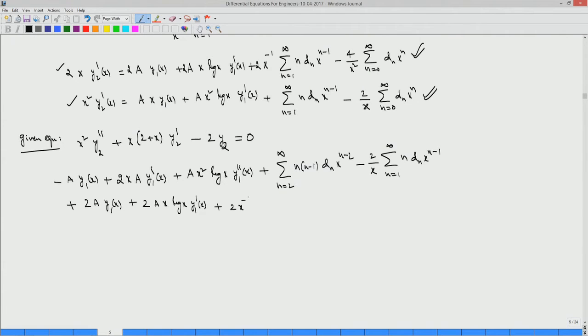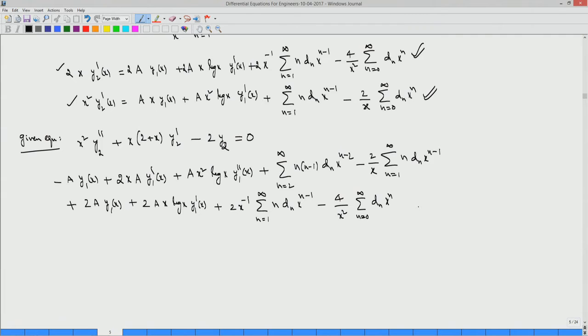2 times x inverse n is from 1 to infinity n dn x power n minus 1 minus 4 by x square, n is from 0 to infinity dn x power n.